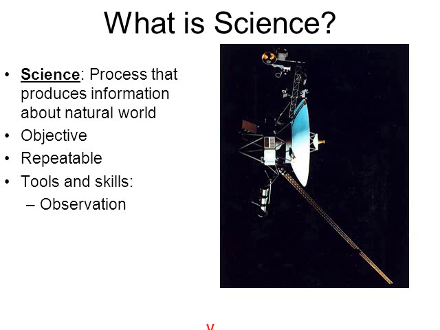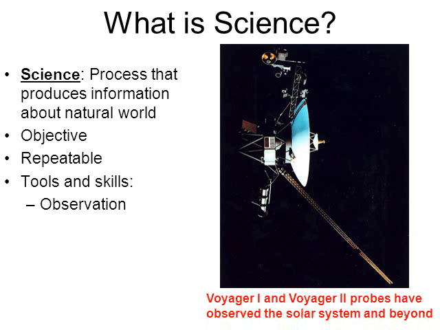In this case, we have a picture of one of the Voyager probes that was launched in the 1970s. And these things have been drifting around in our solar system and now beyond since the 1970s. And they've observed the solar system and sent back to Earth the data that's been collected. So there's all kinds of observations that can be done.